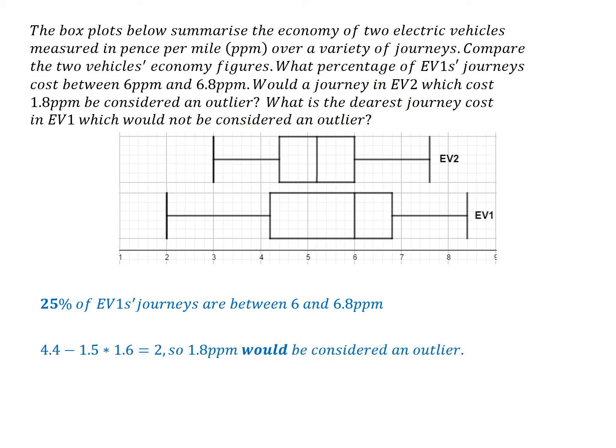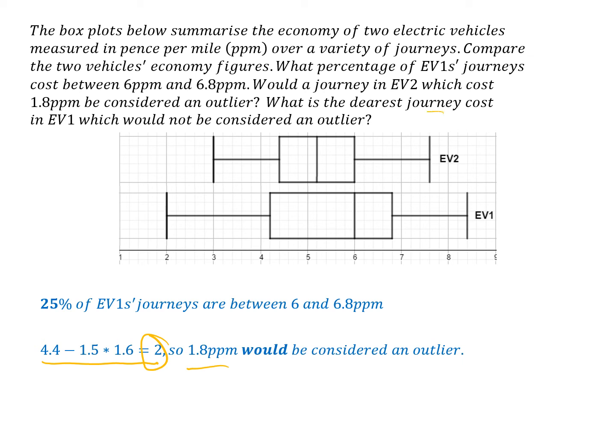So when we calculate that, 4.4 minus 1.5 times the interquartile range, we get the value of 2. So if we got a journey cost of 1.8 pence per mile, that would definitely be an outlier.